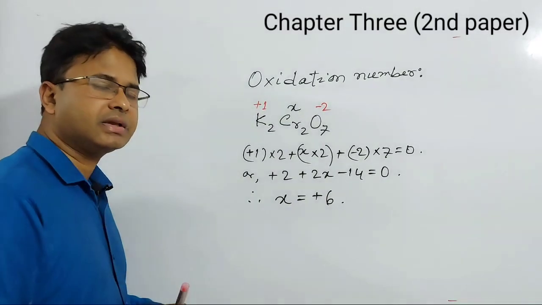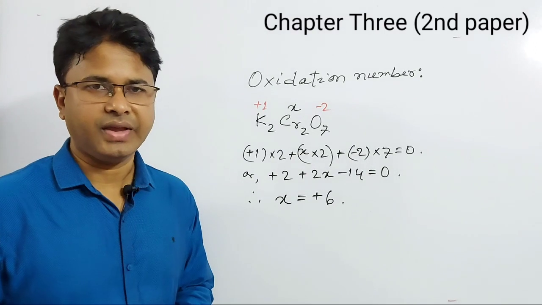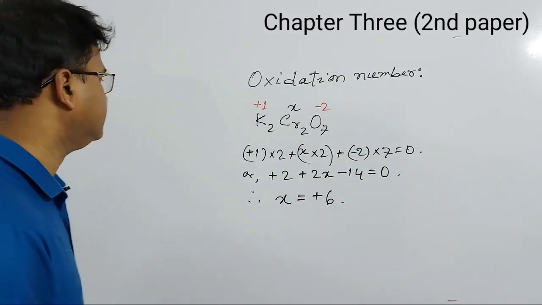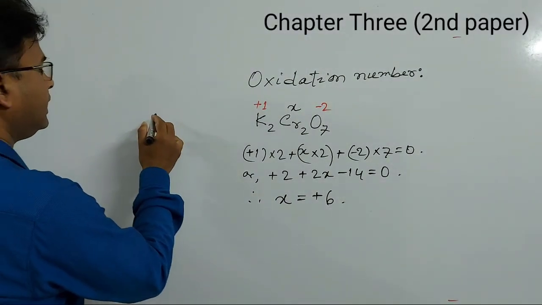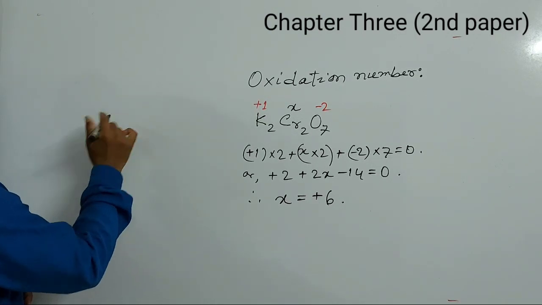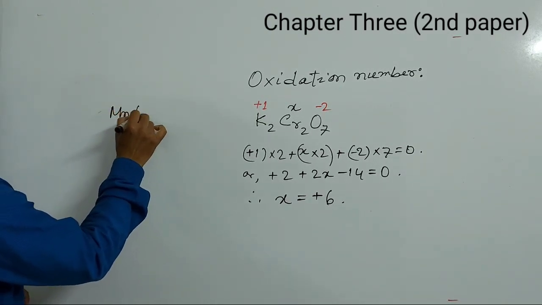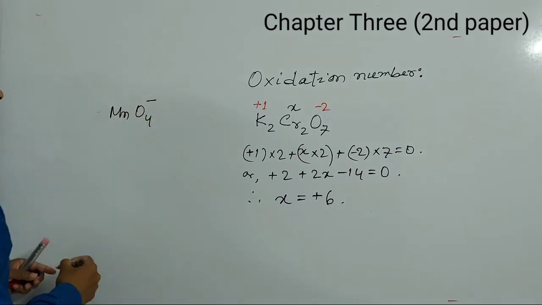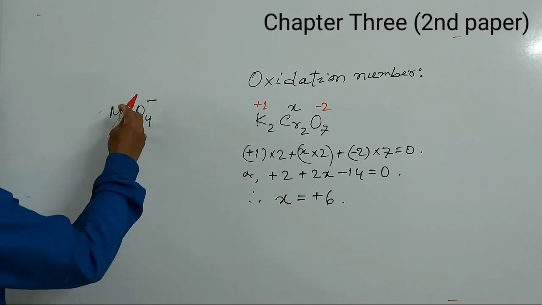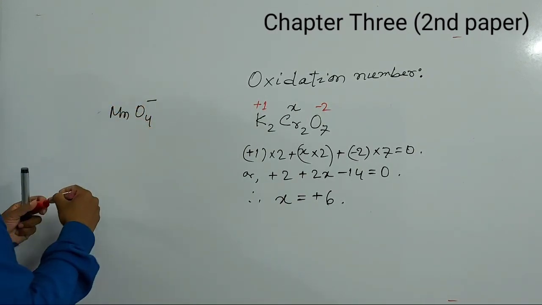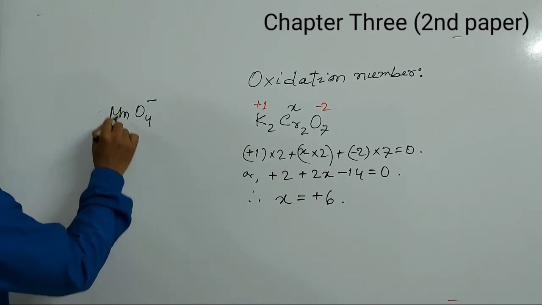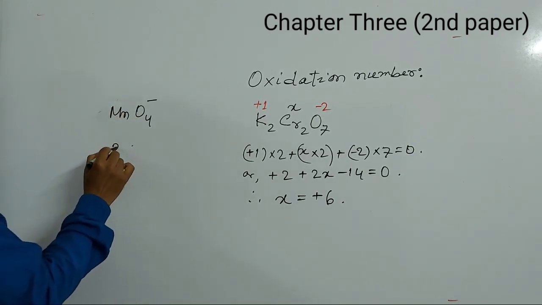And if I calculate the oxidation number of any atom present in an ion, then I have to write here, suppose permanganate ion, MnO4 minus. Students, I know that the oxidation number of oxygen is -2, and let the oxidation number of manganese be x.